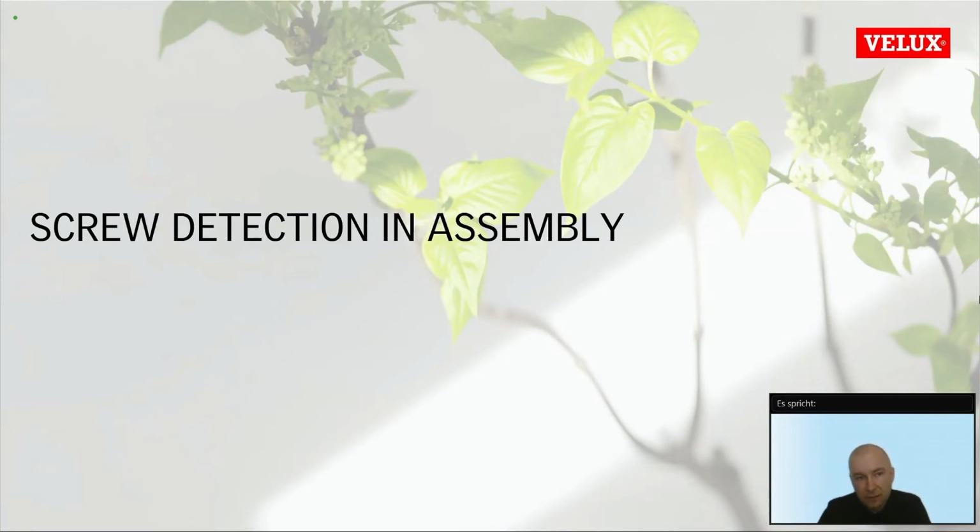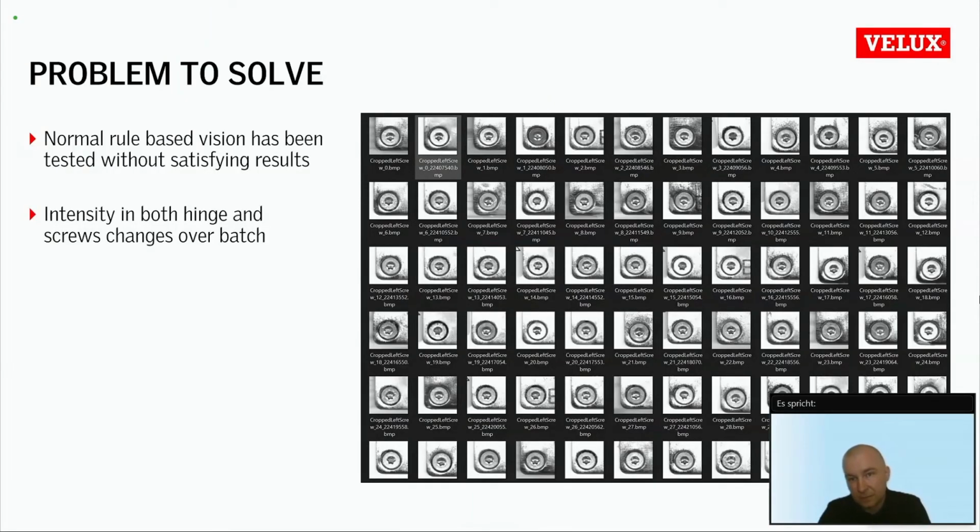Another use case where we have tried this is screw detection in our assembly line. Screws are a crucial part for fastening different components in a window, and these screws and also metal brackets are galvanized, meaning, like the screw thread example Christoph showed, that they have different glare and different reflections based on production batch and metal raw material parts.